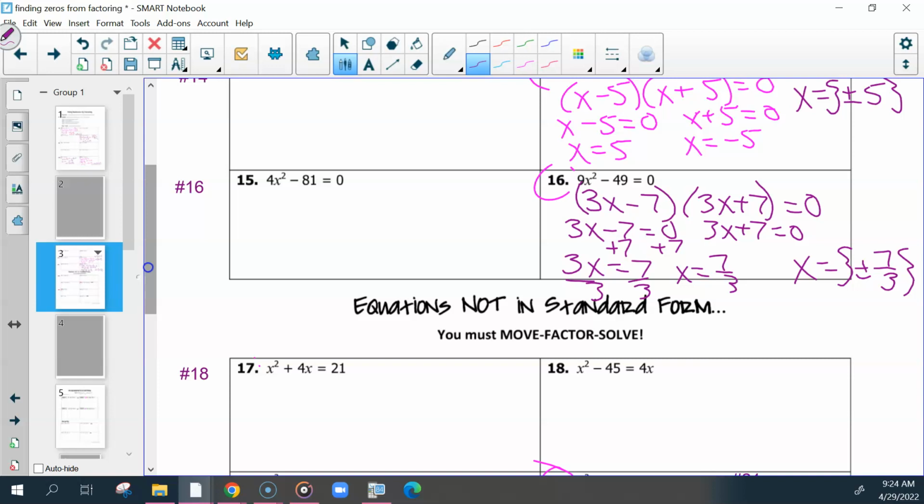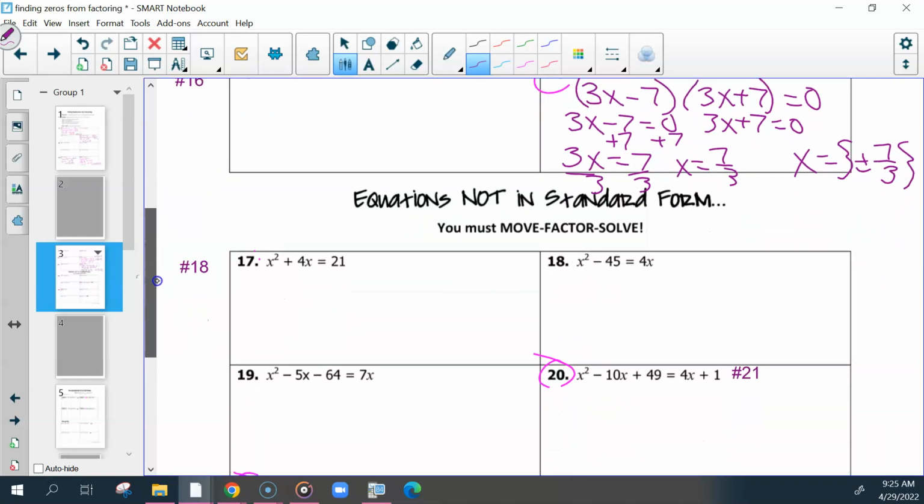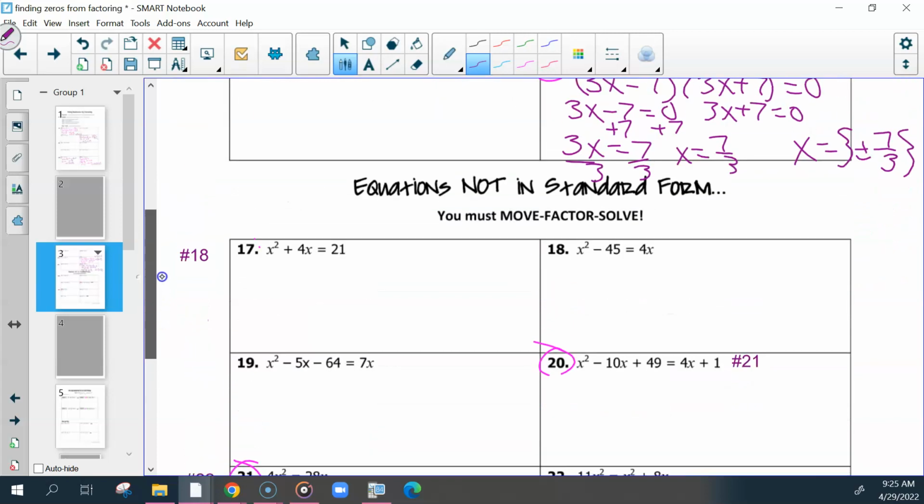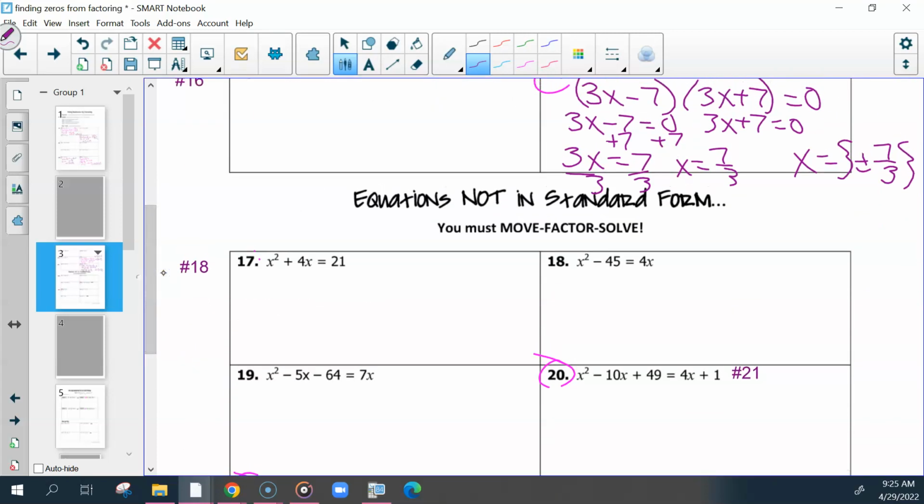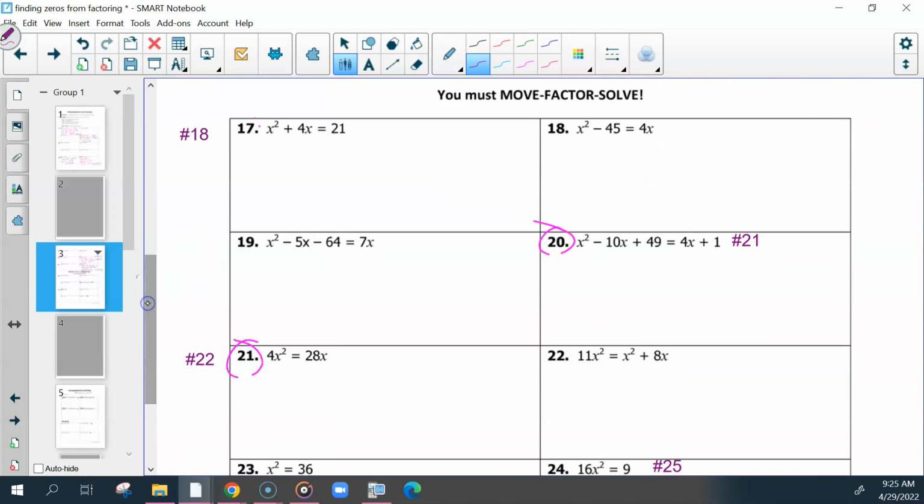What questions do you have on that one? We're going to jump down to number 20. If you have something that's not in standard form where it's not equal to 0, you will need to get everything to the same side.